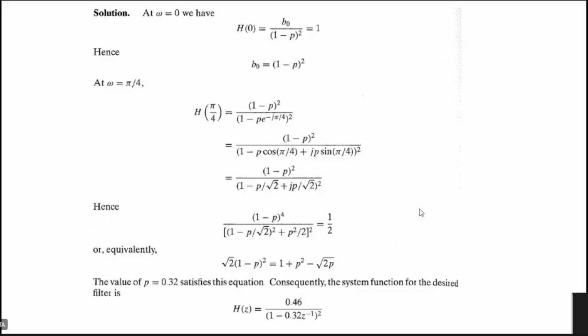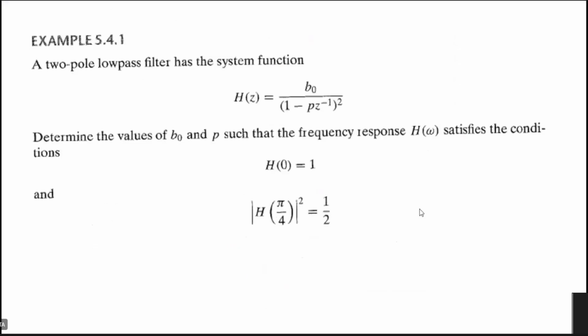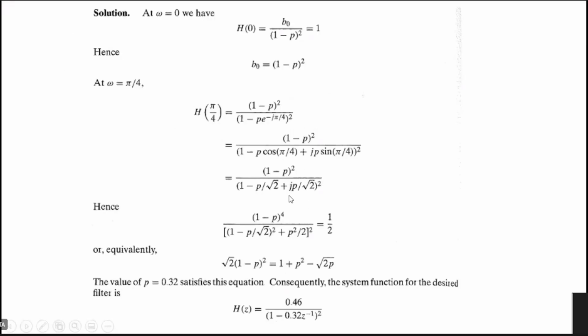No. We are taking magnitude square of this part. Okay. So if you take the (1 minus p by root 2) whole square. First, say it is a plus jb, like that.